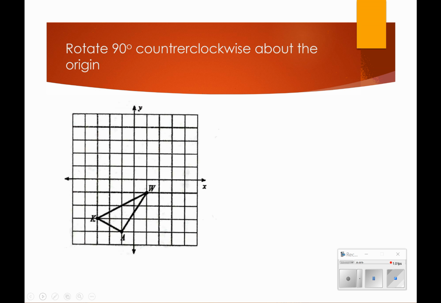So now, to rotate something 90 degrees counterclockwise around the origin, the rule says that we take our X and Y, flip them around, and negate the Y. So in this triangle, point W is (1, -1).